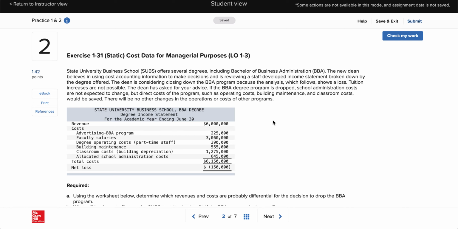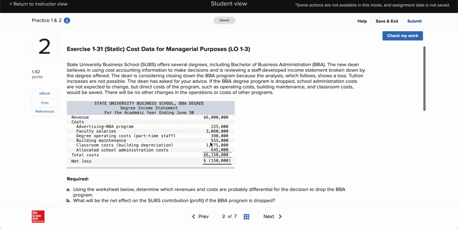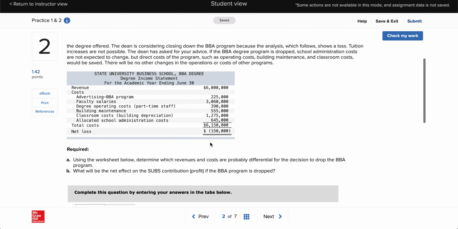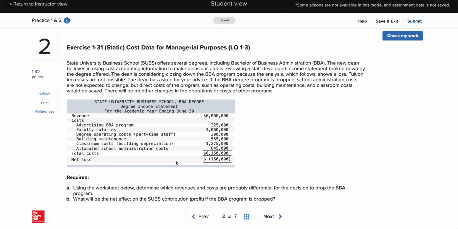This particular question has a set of data here that we will use for question 2 as well as question 3. Question 2 is asking you for one set of questions to be answered. Question 3 just has you answering different questions regarding it. But with this one here, we're dealing with State University. And right now they offer several degrees, including a BBA or a Bachelor's of Business Administration.